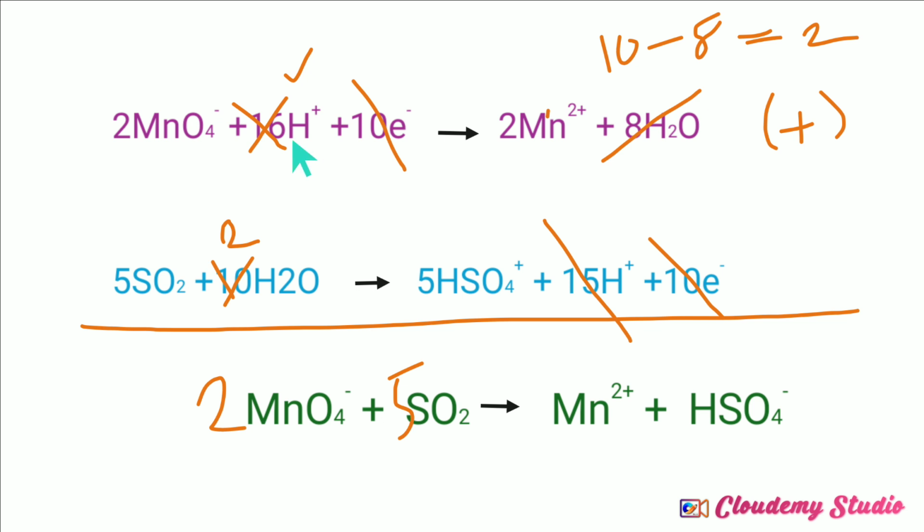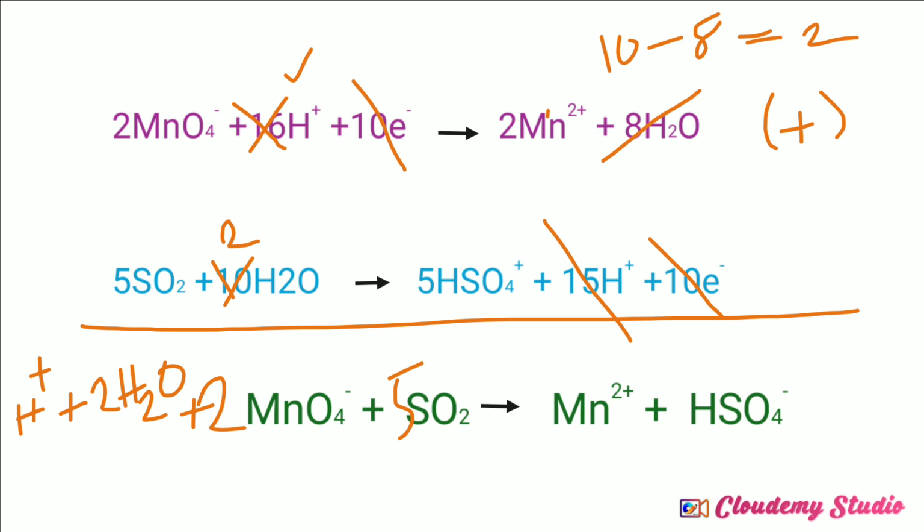Then 1 mole of hydrogen ion and 2 moles of water are added on the left hand side of this equation.